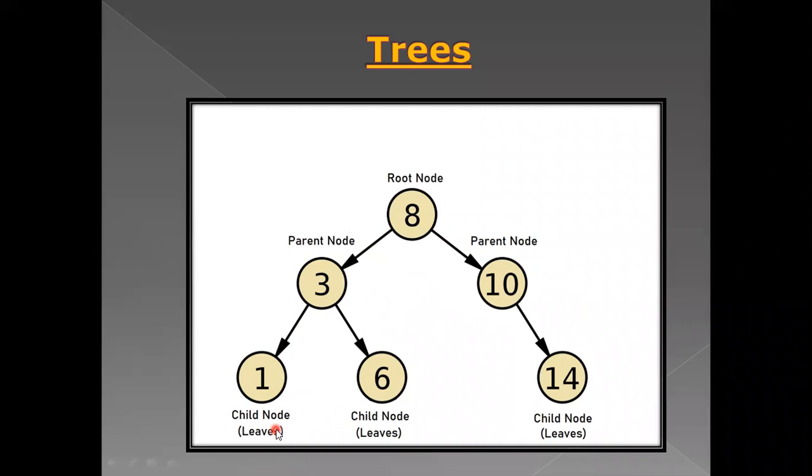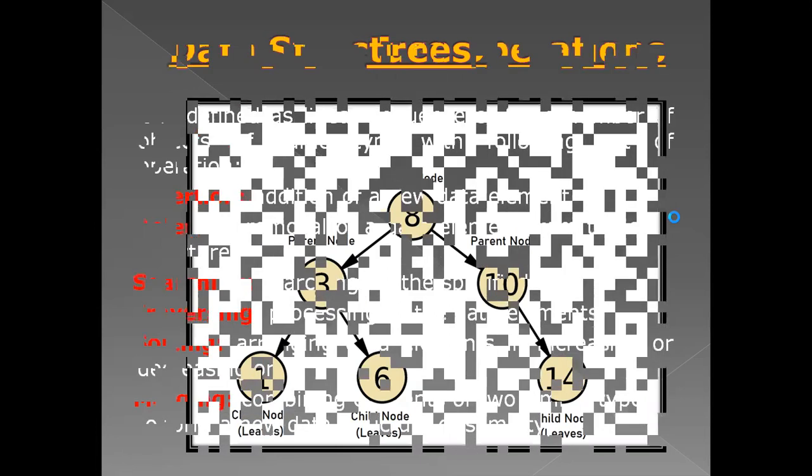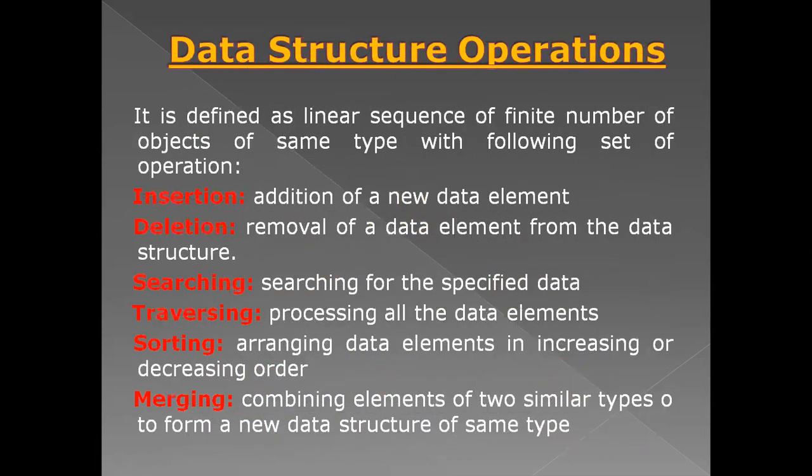So don't worry, the name is different, the thing is the same. For this it has to be a parent, but for this it has to be a child. It depends upon the situation whether it is treated as a parent or a child. So this is a hierarchy level.